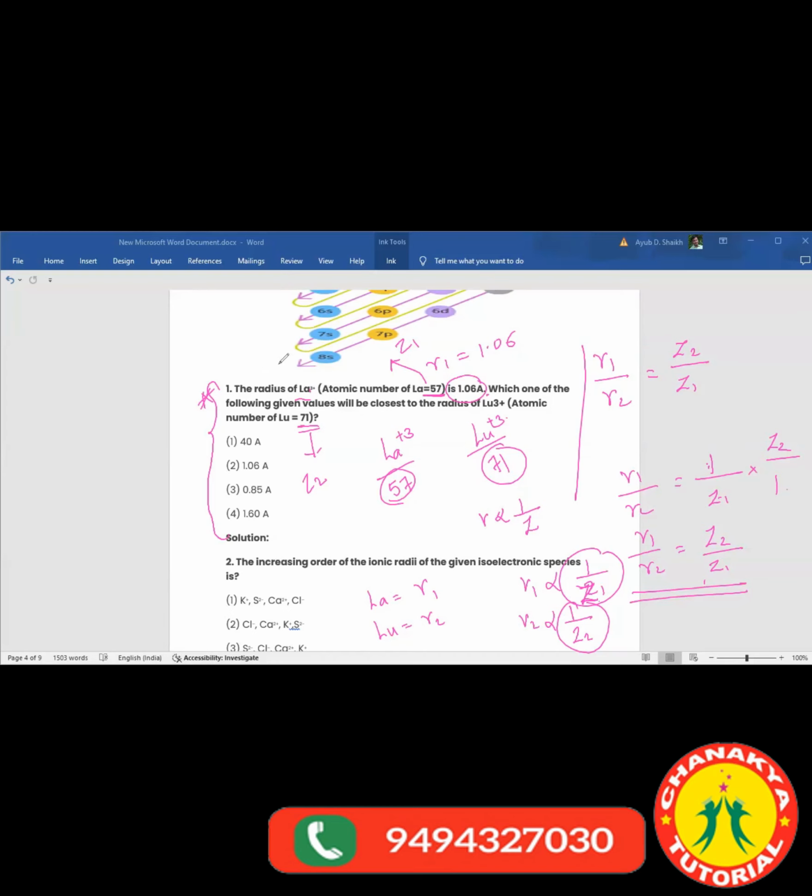Let's see. Put the values and calculate. What will you get?